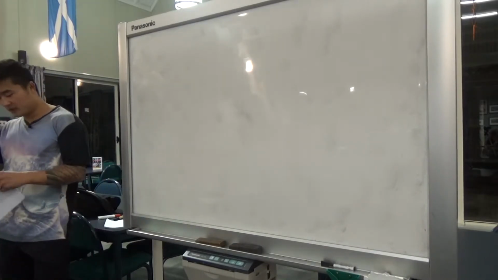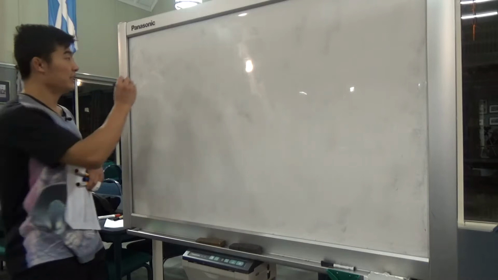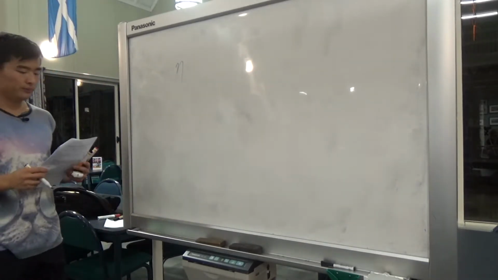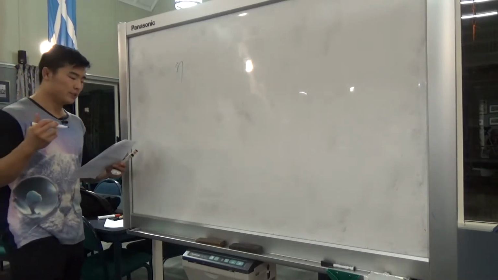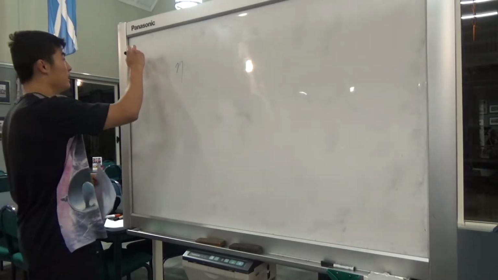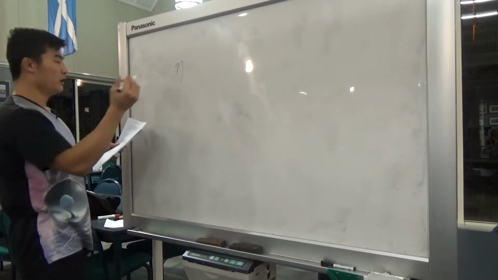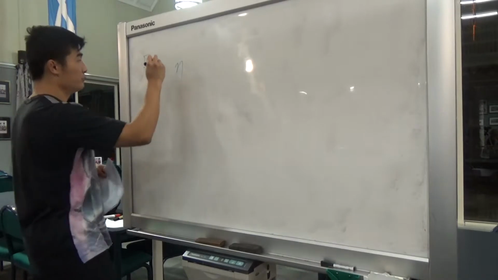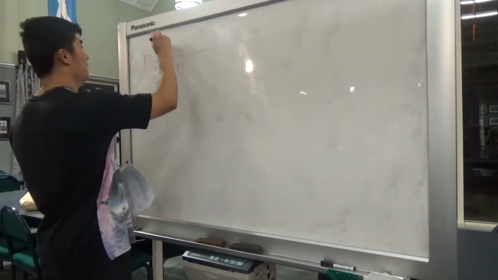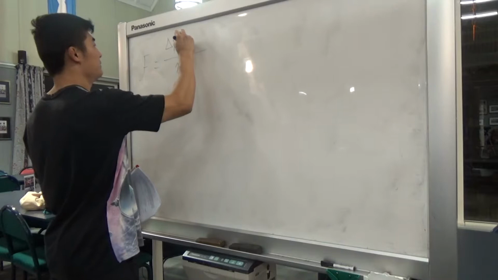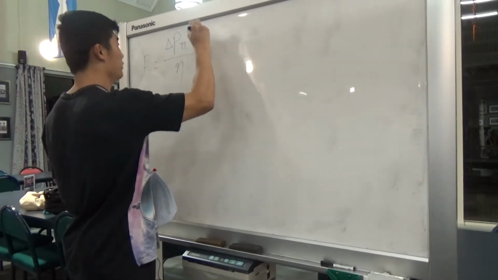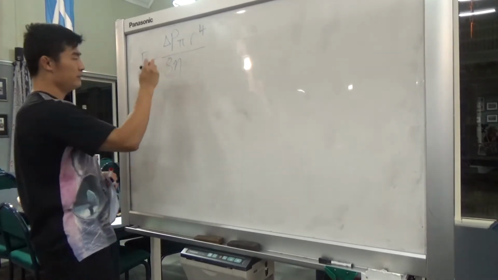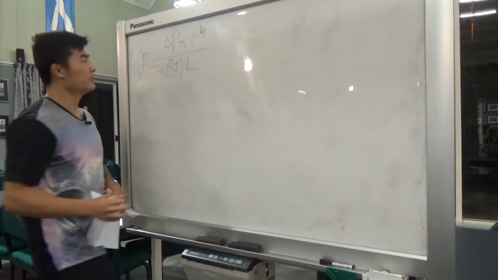So here we're looking for viscosity, which is this symbol here, right? Because it's a viscous fluid, we're going to use our flow rate equation. Flow rate is equal to delta P times pi times r to the power of 4, so radius to the power of 4, over 8 times viscosity times the length.